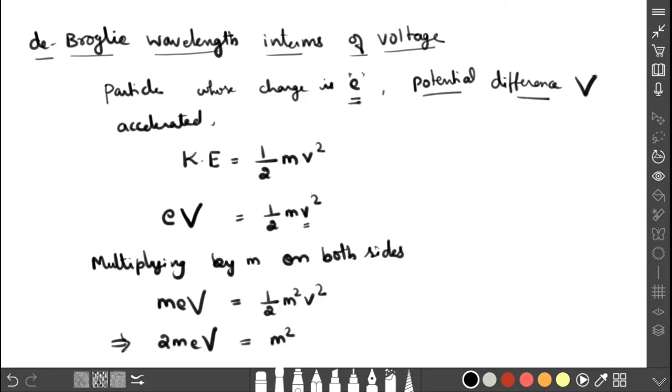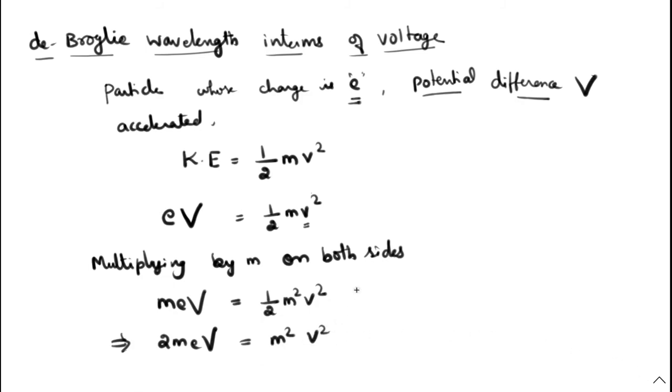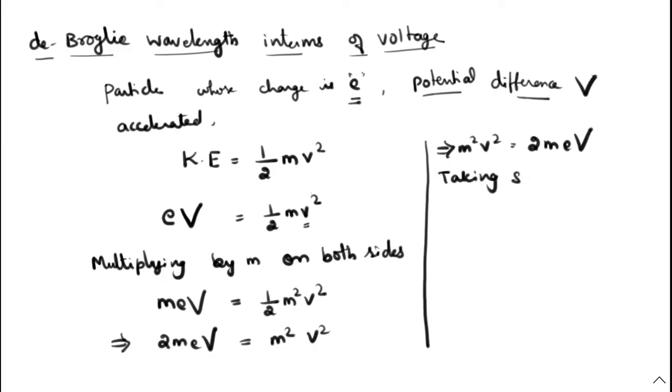The next step: m square v square is equal to 2meV, by taking square root. The LHS will become mv, the RHS will become root of 2meV.